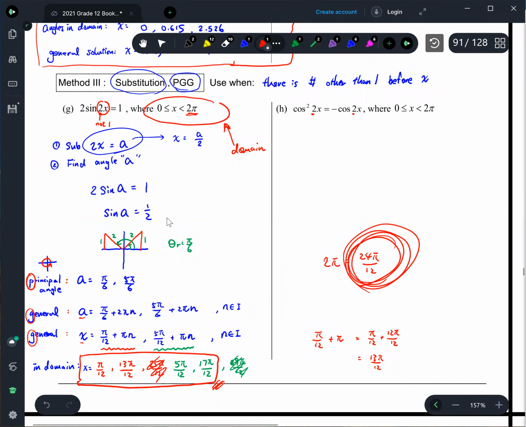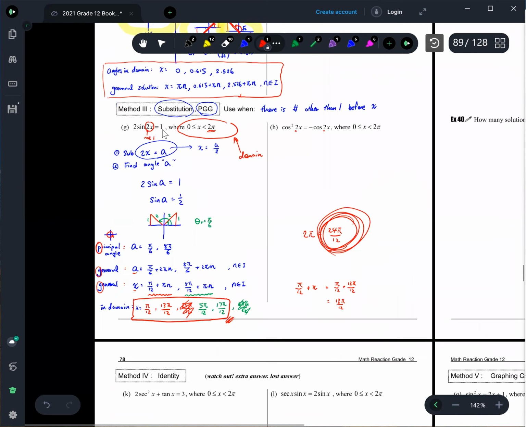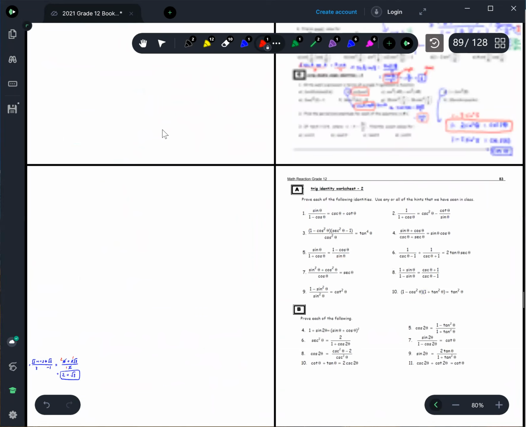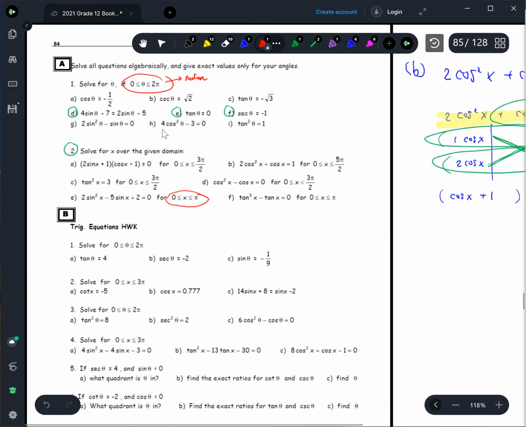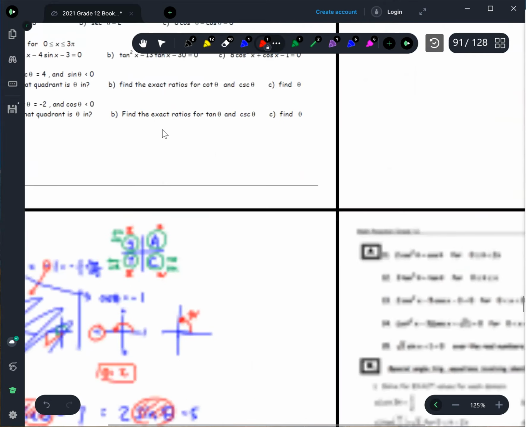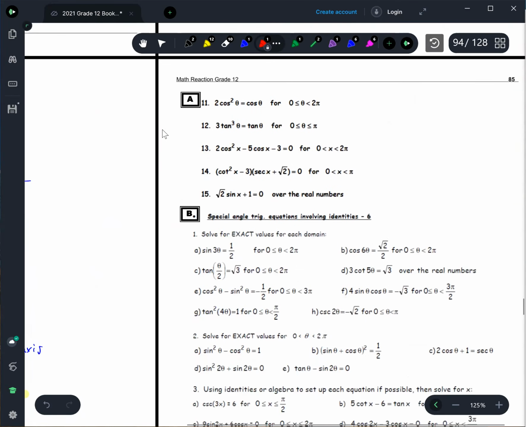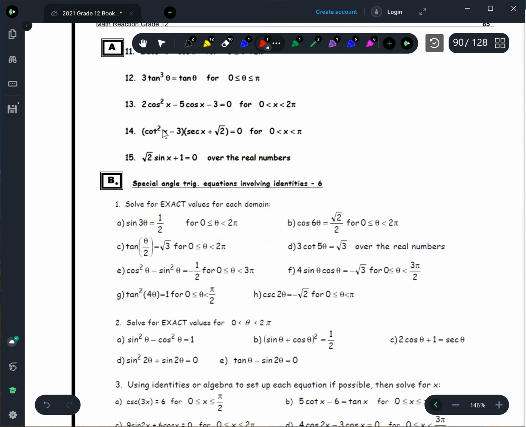So I'll pick a few questions like this, okay, for homework, something that's not too complicated. So if you look at the homework page, it'll be probably question like this one, right? Sine 3 theta, like this one.